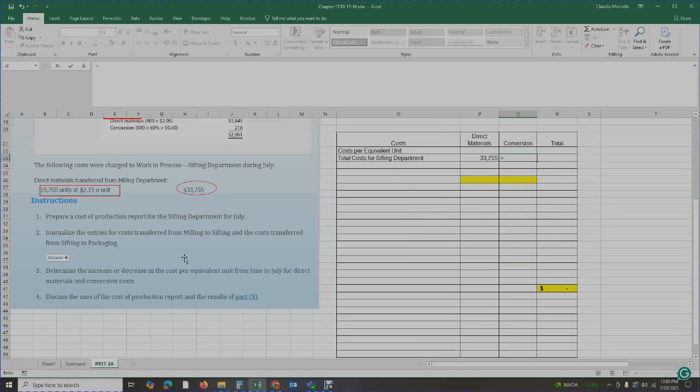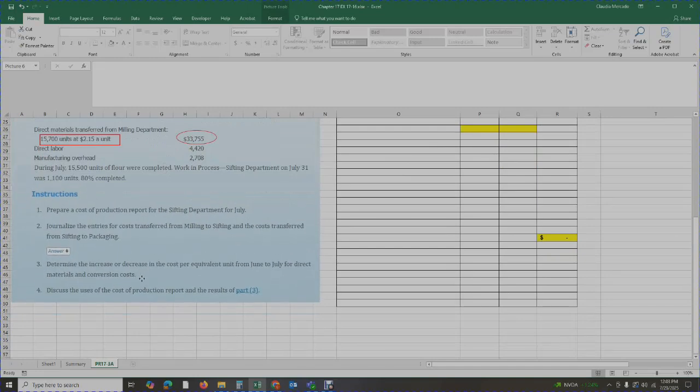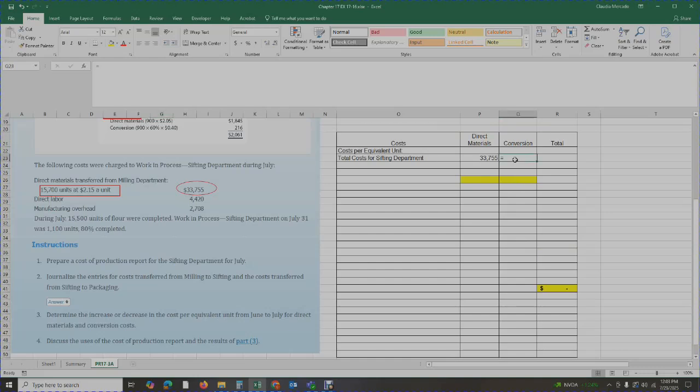Where do we have the information? Let's see. Oh, here we go. Right there. Okay, so according to the problem, we've got direct labor of 4,420, and we have manufacturing overhead of 2,708. So we're going to add those two together.